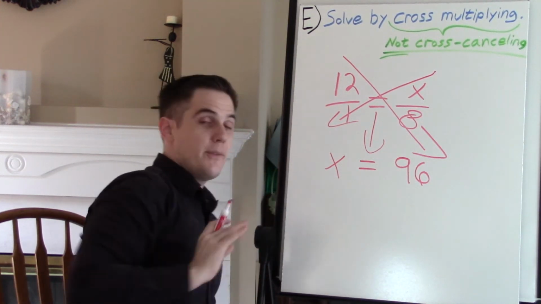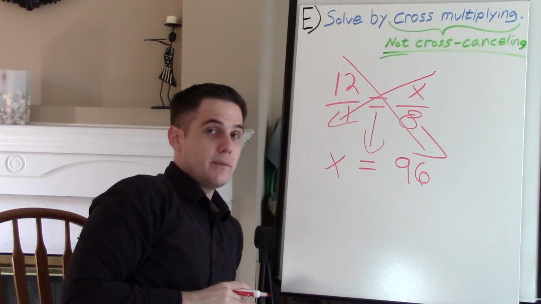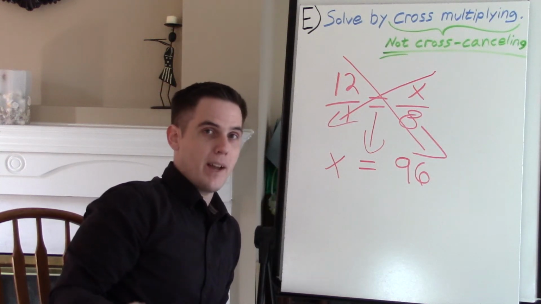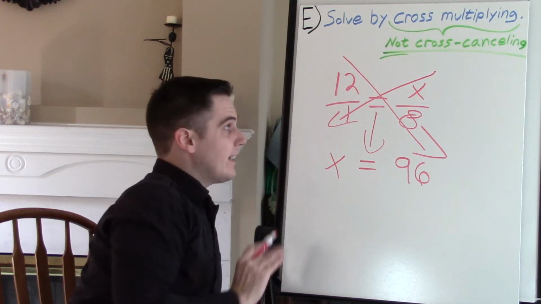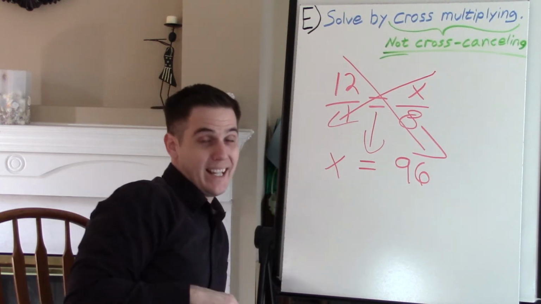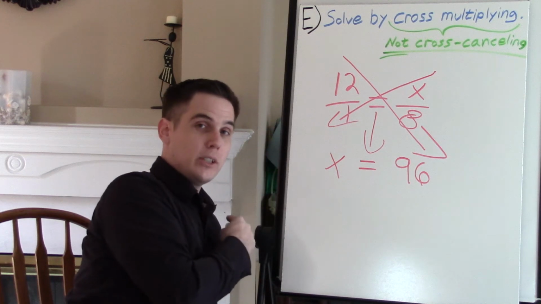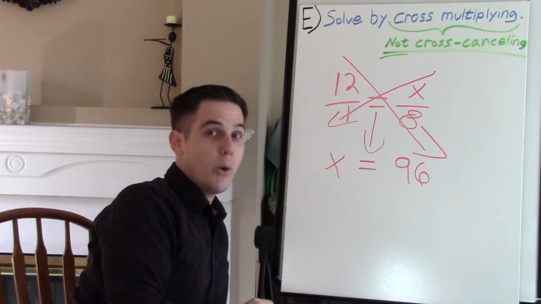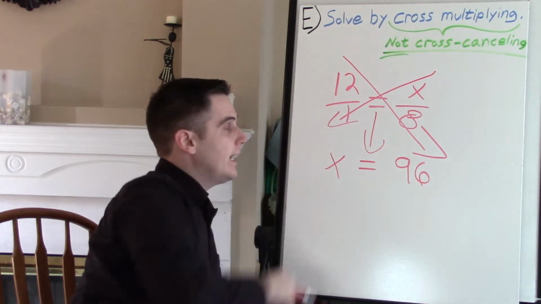Notice that it's very similar to when we're multiplying fractions and we did cross canceling, which is dividing by greatest common factors if they exist. That is not what this is. There's cross multiplying and cross canceling. I've taught you earlier about cross canceling. I haven't told you anything about cross multiplying, which is what this is.